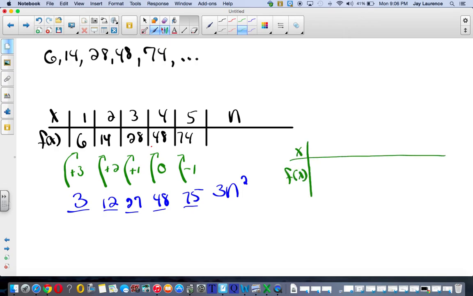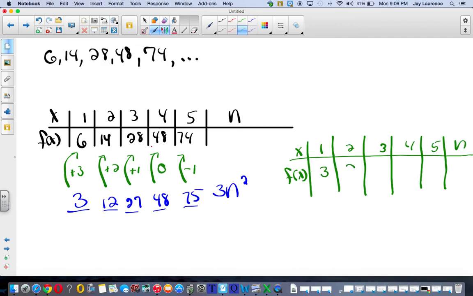Okay, f of x. And we got what? 1, 2, 3, 4, 5, and n. Okay. And so we're going to get 3 and 2 and 1. 0 and negative 1. And so now I'm going to go looking for my first differences.